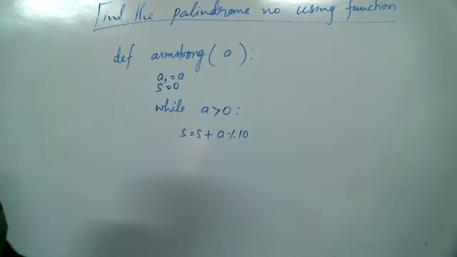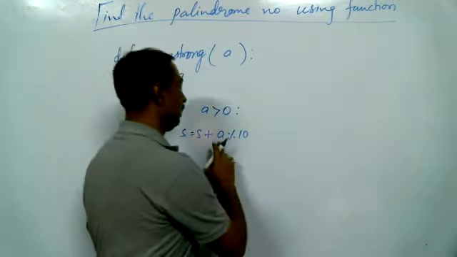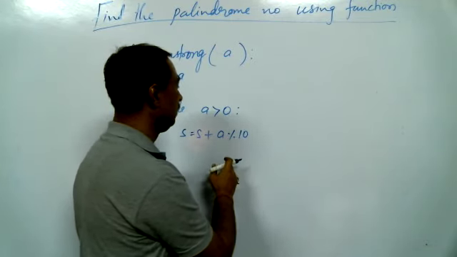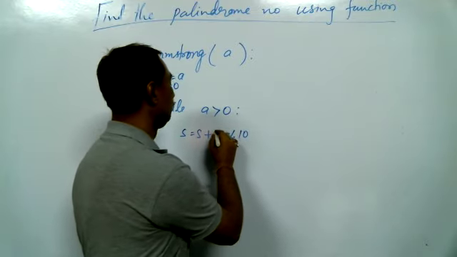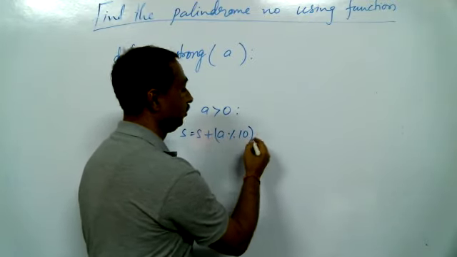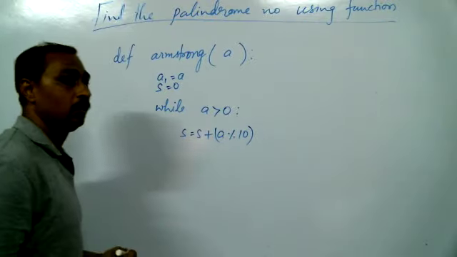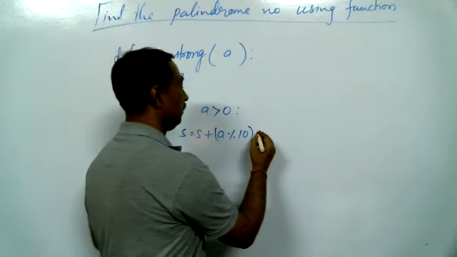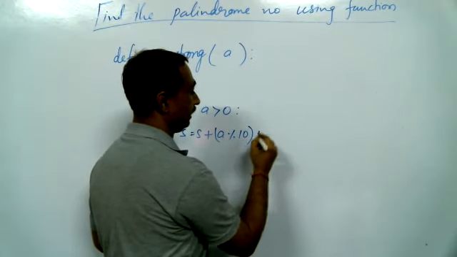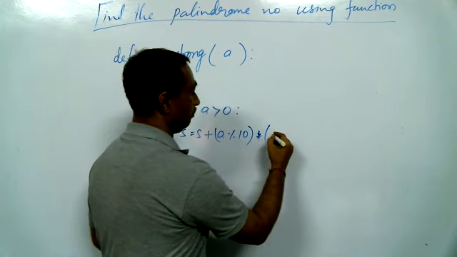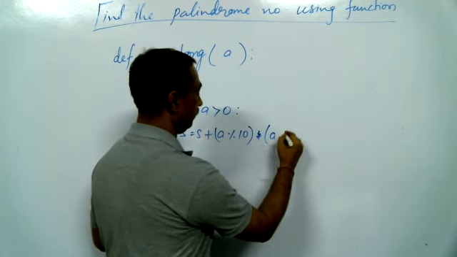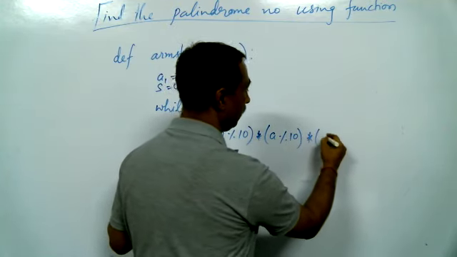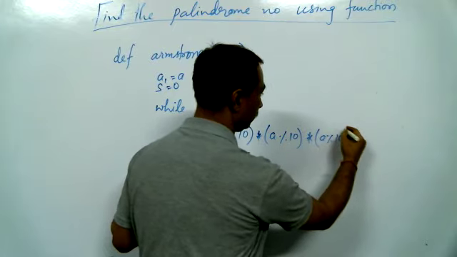This is the operator which will give us the remainder of the number, and this should be multiplied by 3. You can use power also, or you can use simple multiplication: a percentage 10, then again we will multiply a percentage 10.